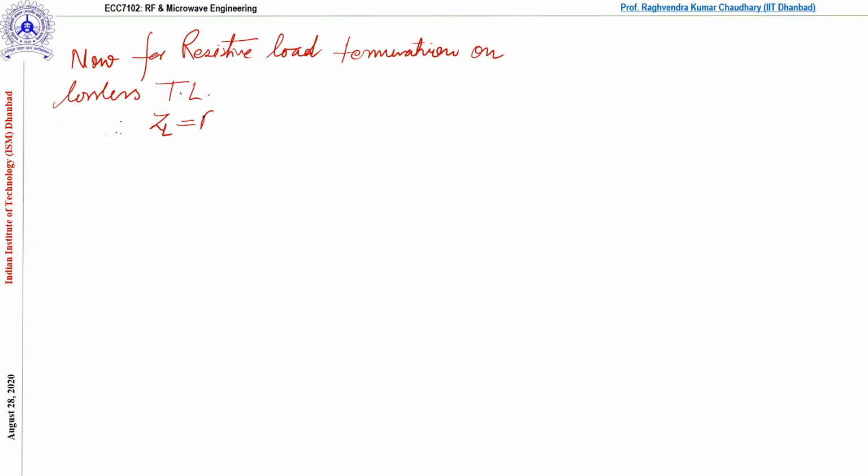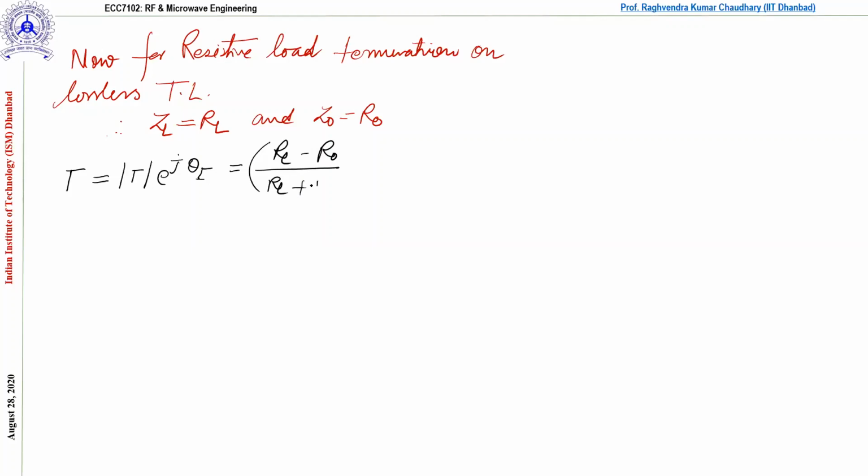It means that ZL is RL, first thing, and Z naught is R naught. Both are real. Now when both are real, what can we conclude? We can conclude that the reflection coefficient, which is mod of gamma e to the power j theta gamma, is just RL minus R naught divided by RL plus R naught.